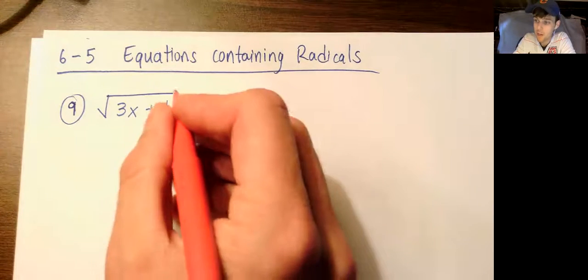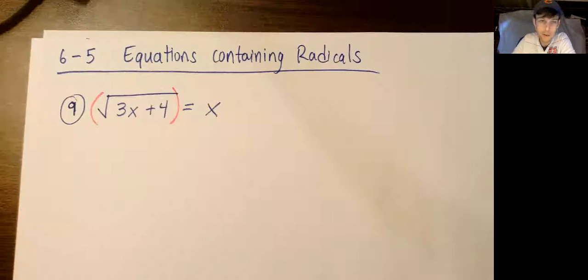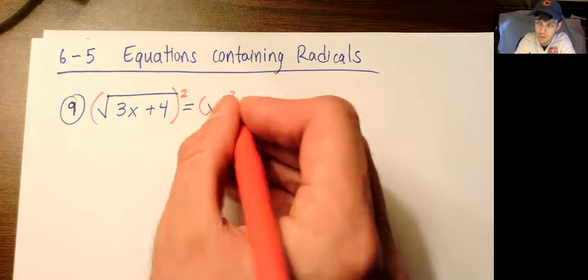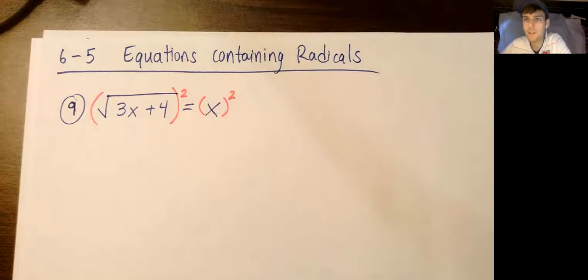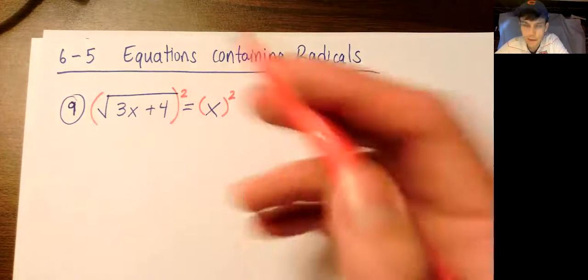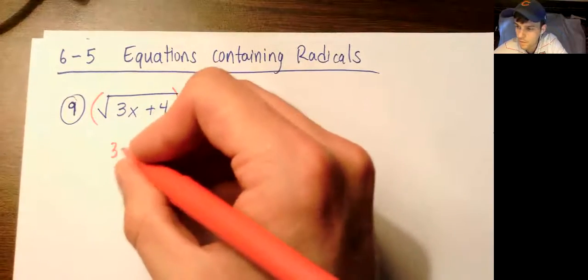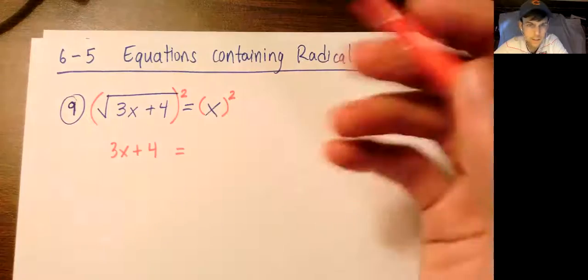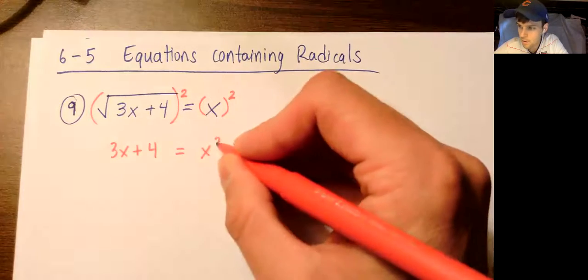So I am going to raise this side of my equation to the second power, and I'm going to raise this side of my equation to the second power to keep it equal. Doing that, the square root and the second power cancel each other out, and x to the second power just becomes x squared.